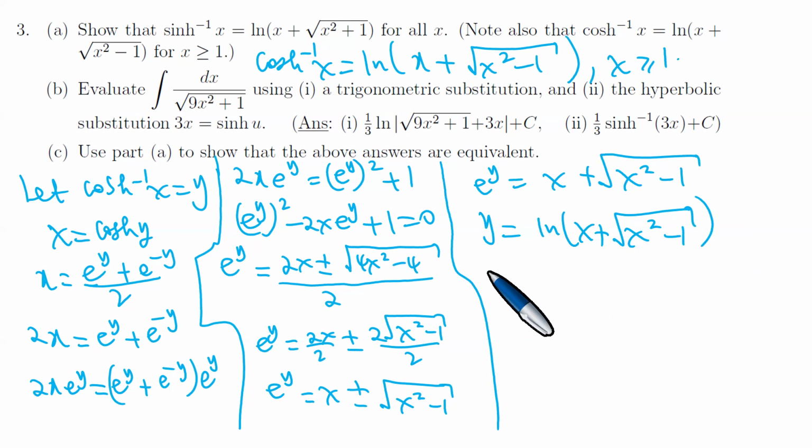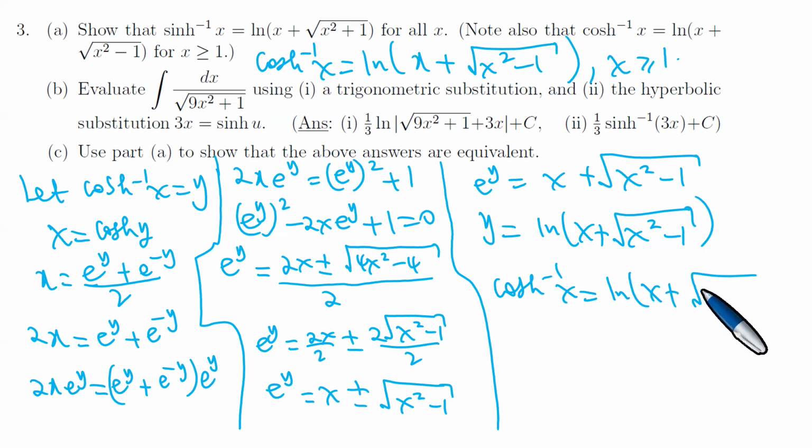Okay, check this out. What is y? Y is arc cos x. So this one is going to be arc cos x is equal to the ln of x plus the square root of x squared minus 1.